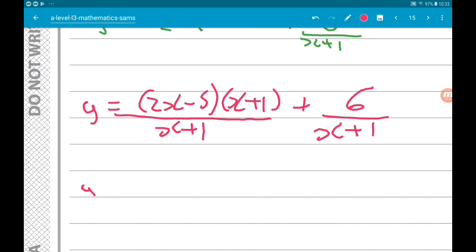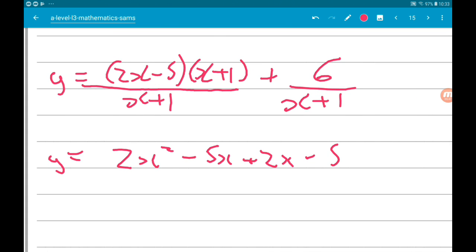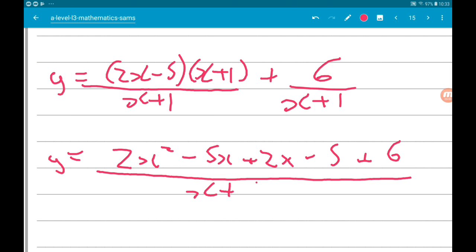So we are going to get 2x squared minus 5x add 2x minus 5 and then add 6 all over x add 1.